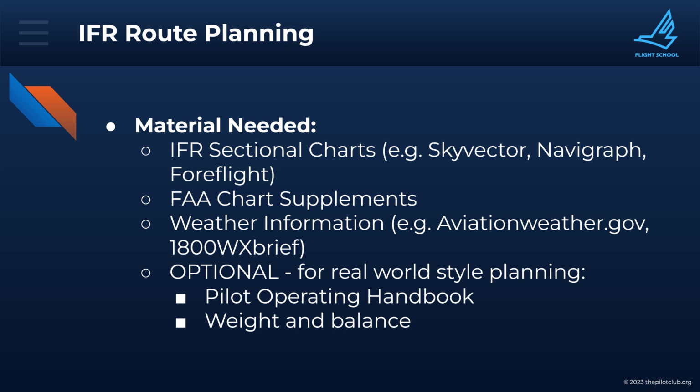The FAA chart supplements will be available through SkyVector. We'll talk about where to get weather: aviationweather.gov, or another free one, 1-800-WX-BRIEF. And if you want to do more real-world style planning, your pilot operating handbook and your weight and balance calculations as well. Anybody have any questions so far, or is it all pretty straightforward?